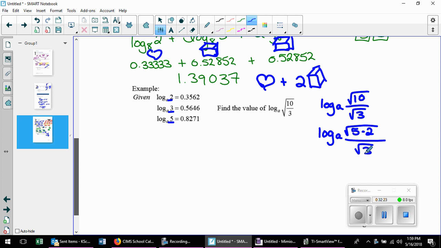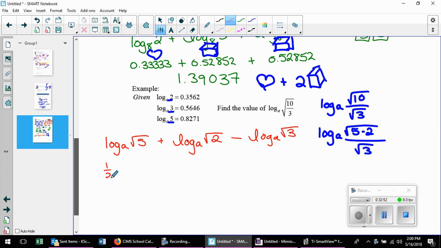Okay, so now what are we going to do? Same thing we did in that question above. So break it down for me. Log base A of root 5, plus log base A of root 2, subtract log base A of root 3. Can I leave them as roots? Can I leave them as radicals?